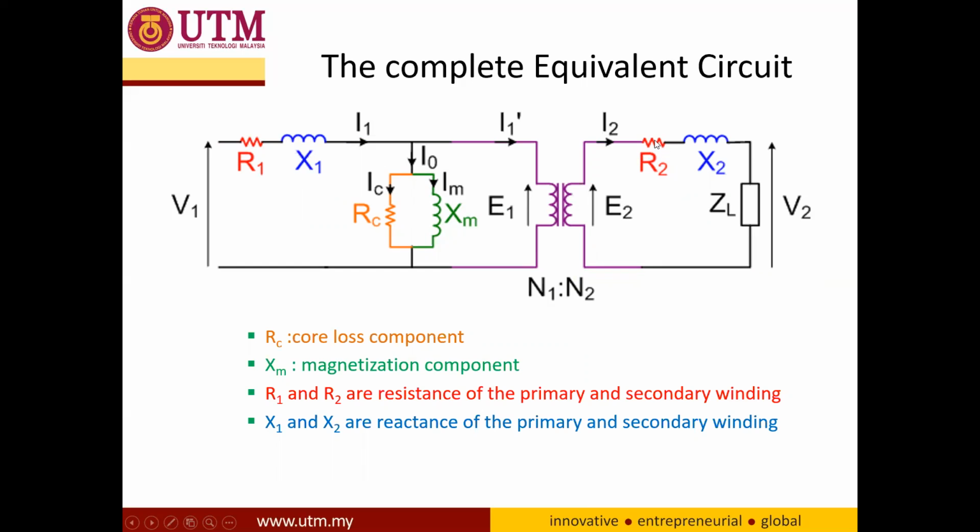R2 represents the internal resistance of the secondary winding, and X2 represents the leakage inductance at the secondary side. So we have the parameters R1, X1, R2, X2, Rc, and also Xm. This is the complete equivalent circuit.